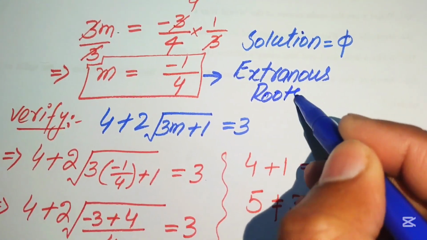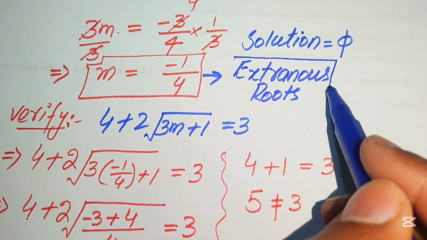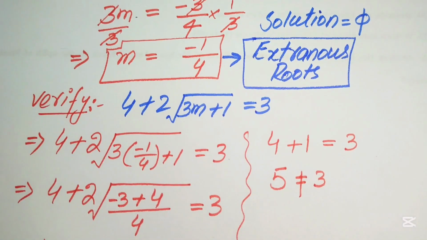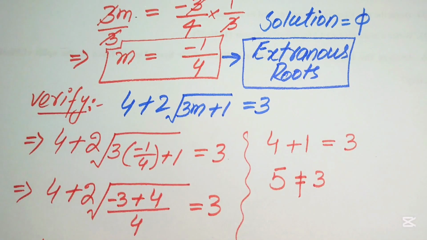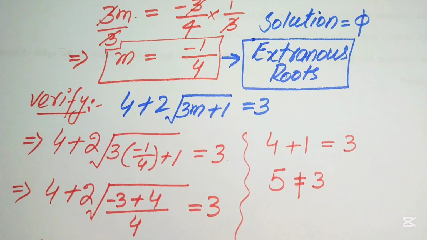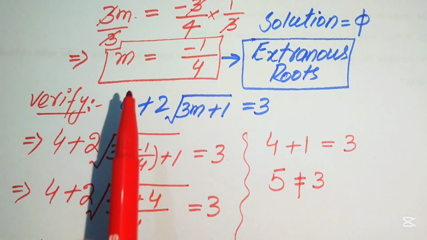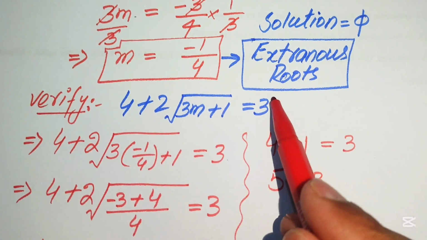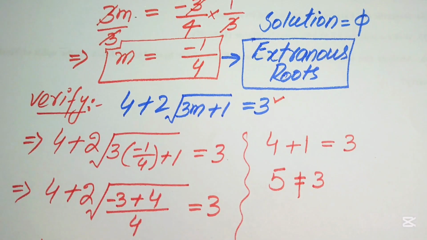I think you already know about the extraneous root, but I can again explain that extraneous roots are those roots which cannot satisfy the given equation, the given question statement. Likewise, here you see that the value of m is minus 1 over 4, but this value of m does not satisfy the given question statement.